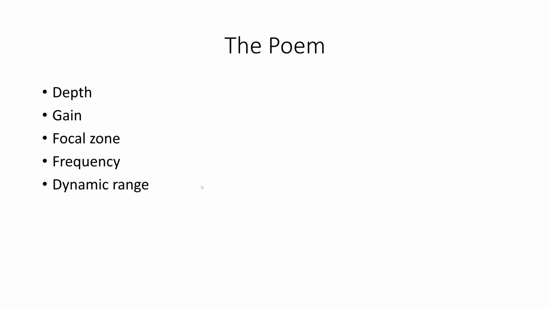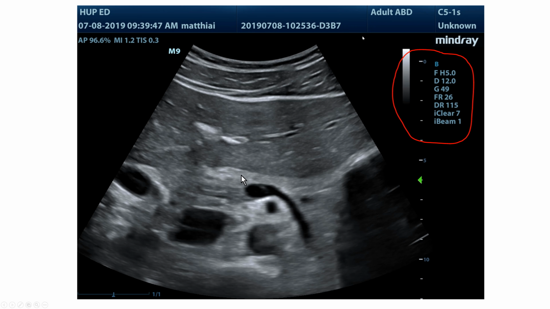So let's start looking at the aspects of the poem. And before we get into the individual parts, we can actually see that the machine is reciting the poem for us in the upper right-hand corner of the image. And this may be at a different spot on different manufacturers or different machines, and it might not always include all the fancy info that our Mindray is giving us here, but pretty much all point-of-care machines are going to have the knobology settings listed somewhere on the machine.